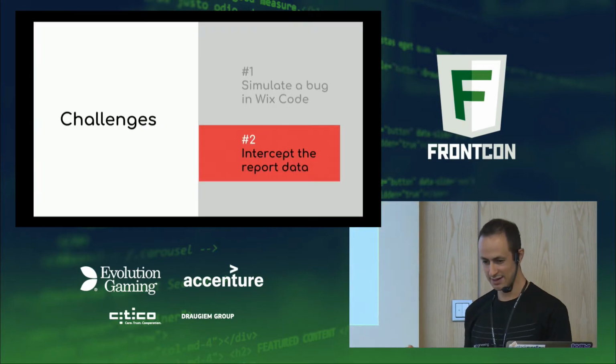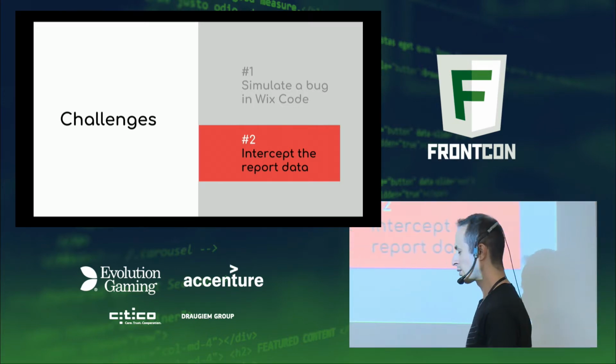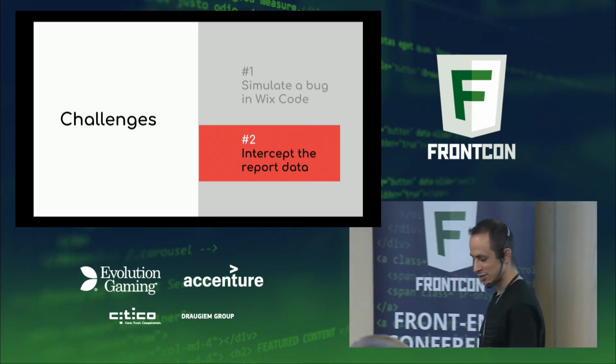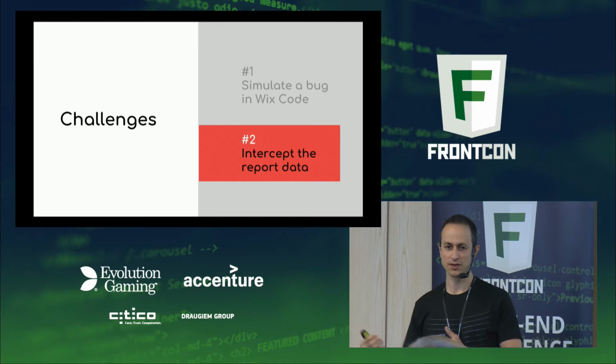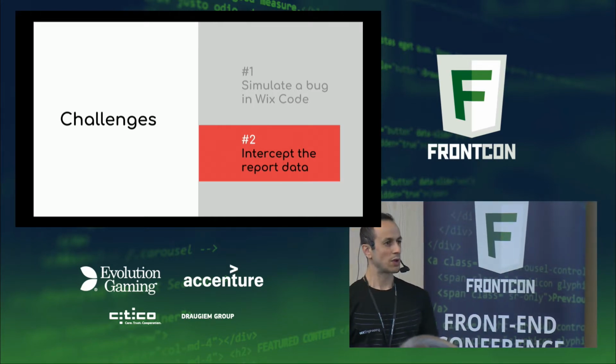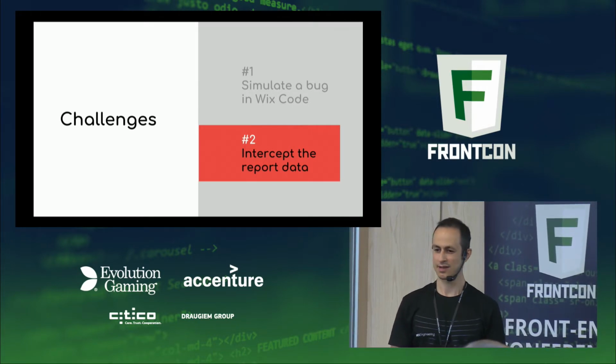The second thing is that we need to intercept the reported data. Okay, so we are testing error boundaries, and as I mentioned, we are testing both sides of user code and our own application code. And we wanted to make sure that when we are reporting something, it is the correct report.